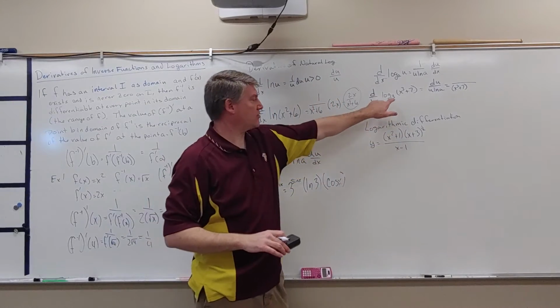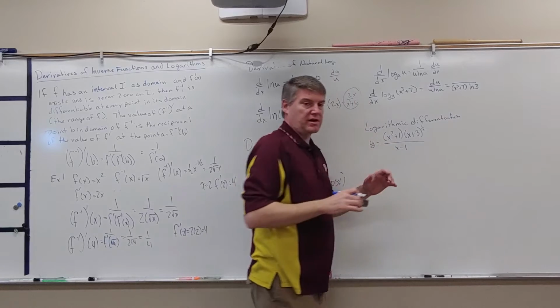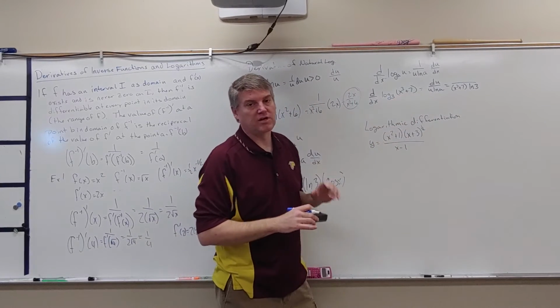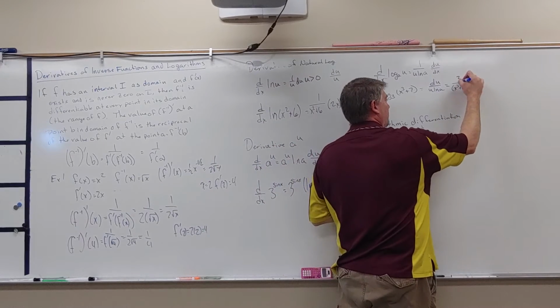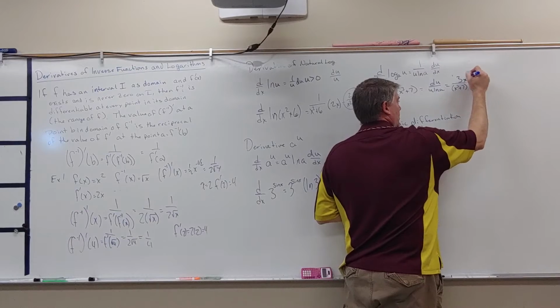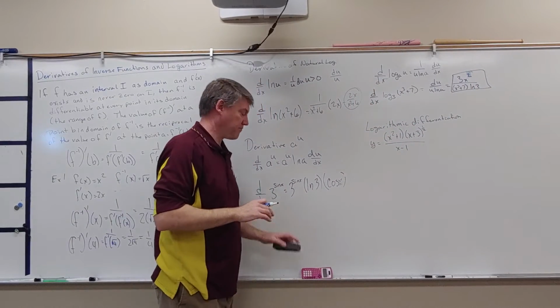Now I have the natural log of my base, natural log of 3. Now I'm going to take the derivative of my inside piece. The derivative of x cubed plus 7 is 3x squared. There is my derivative. Okay?